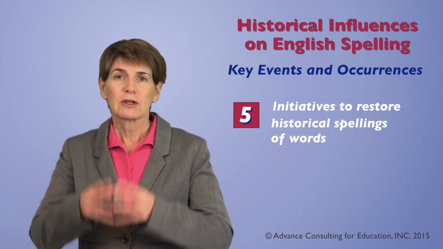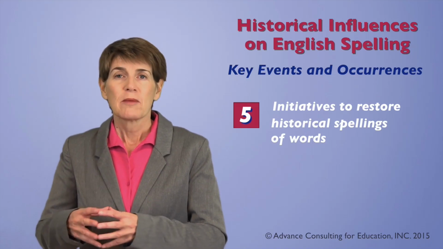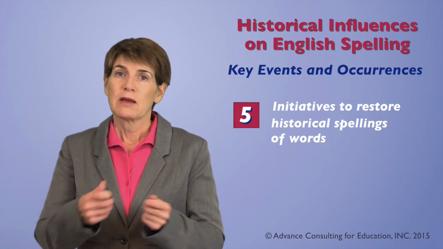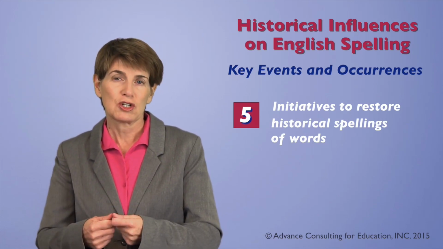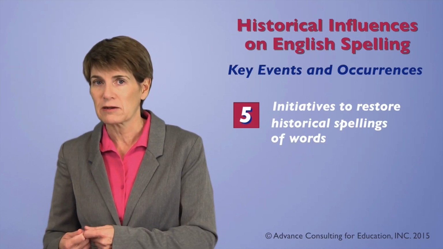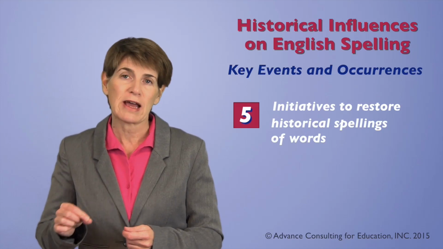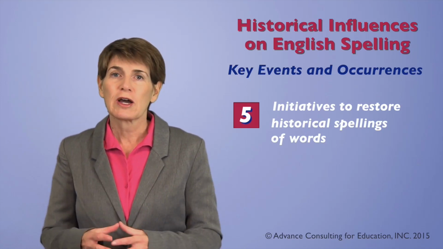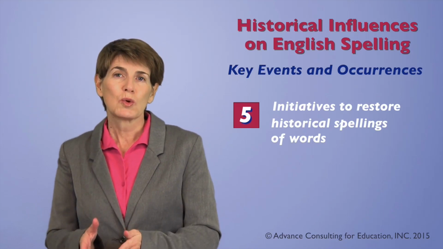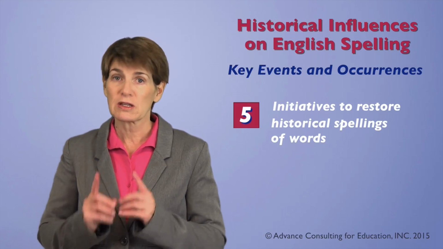Initially the word was spelled D-E-B-T because that was the Latin. But then the B was dropped because it was no longer said. Then there was this initiative to go back to the historical roots of the word, and the B was actually put back in. The same thing happened with PT combinations that had Latin roots as well. So over time, different groups have put these initiatives in place to restore historical spellings of words regardless of how we now say them. So that's one initiative.